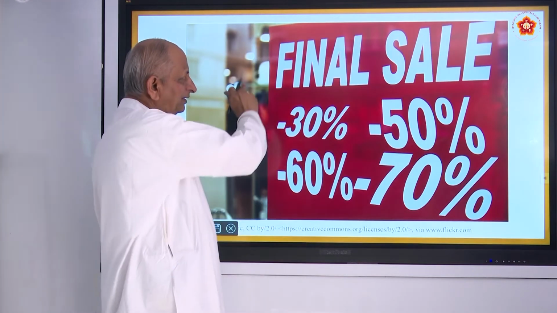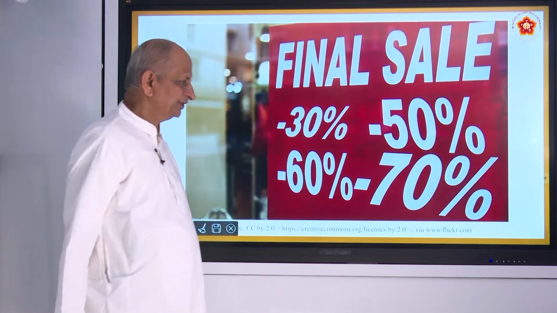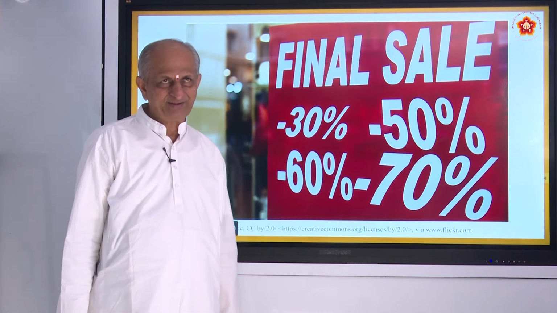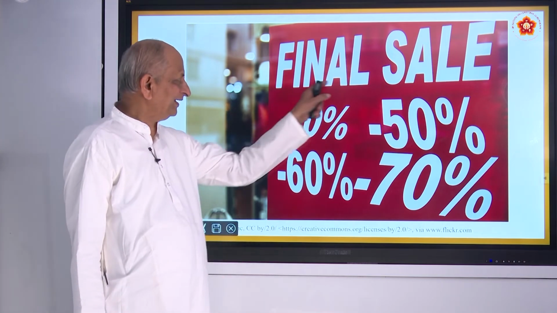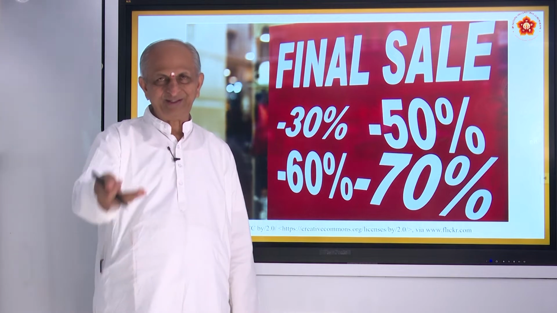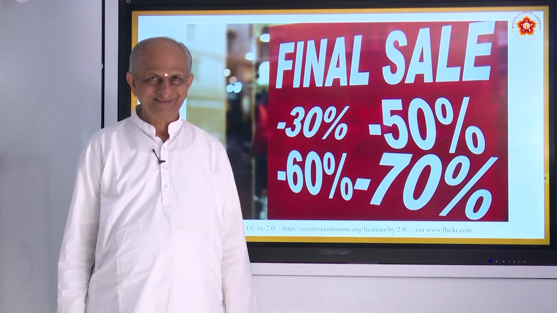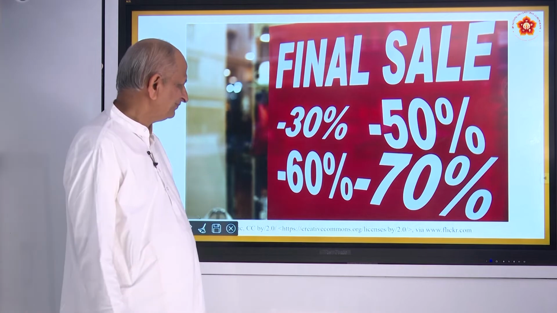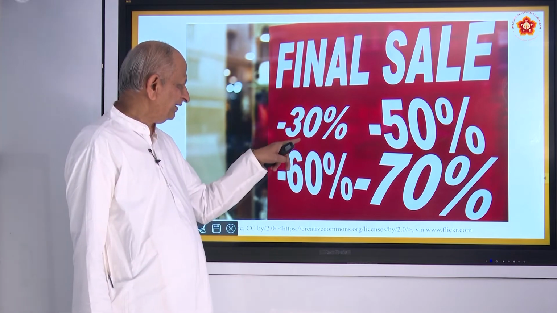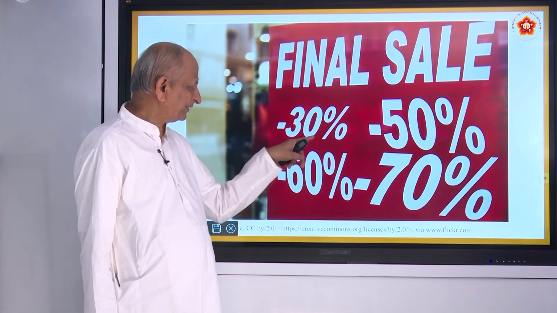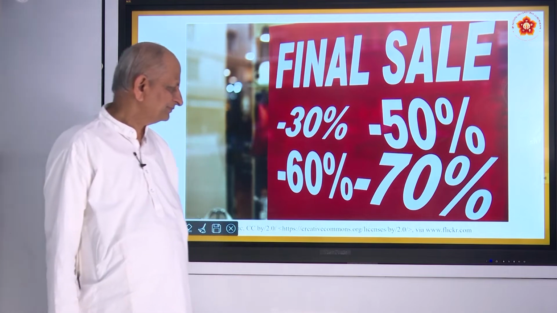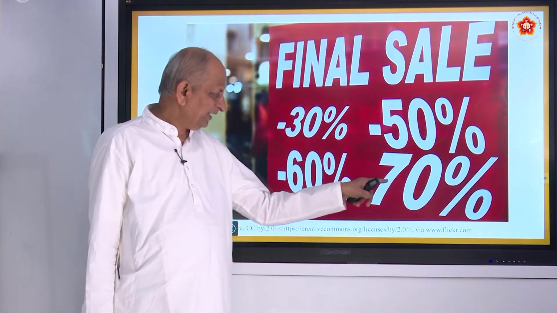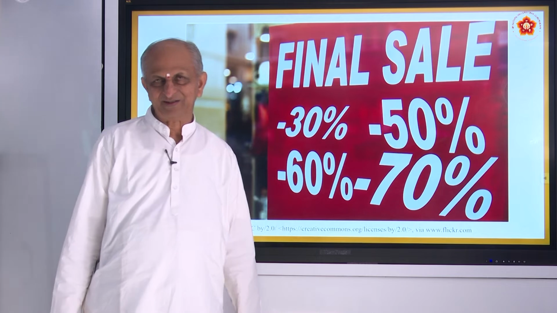And this is one advertisement in a shop. Especially in the last days they announce this final sale. Even you might have seen it for mobiles. They give a lot of attraction for things. Here in the final sale, the reduction will be 30% to 50%, and then 60% is still reduced to 70%.